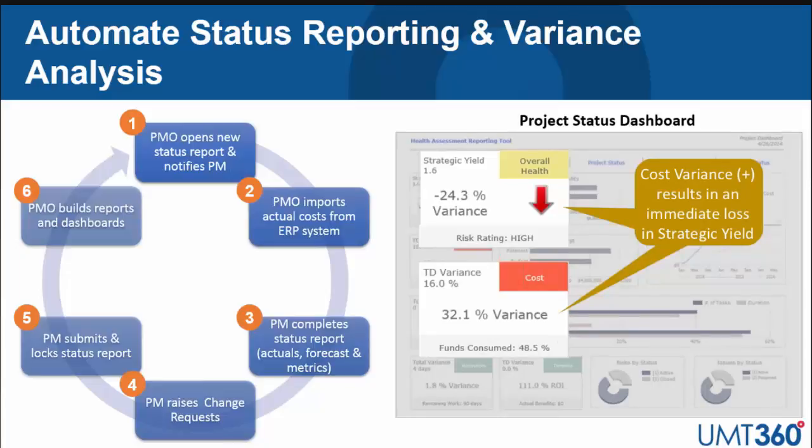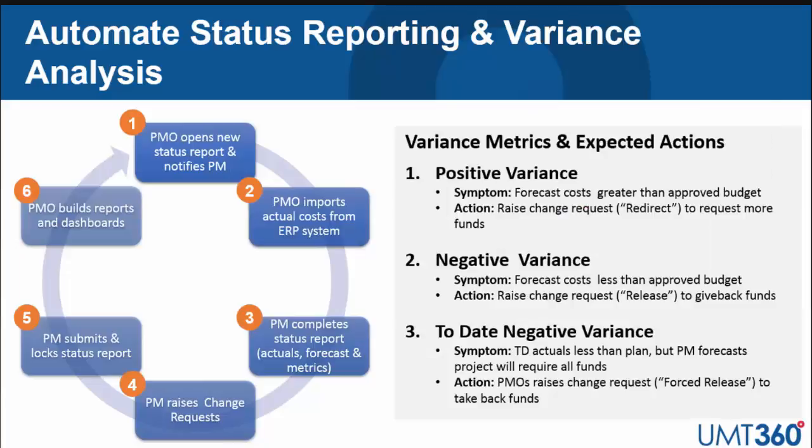In this example, this project is trending 32% over budget, and the leading indicator here is our strategic yield. We're showing the value stayed the same, but the cost increased. It's automatically showing a degradation in strategic yield, and it's that early warning indicator that maybe you'd better look across the portfolio.